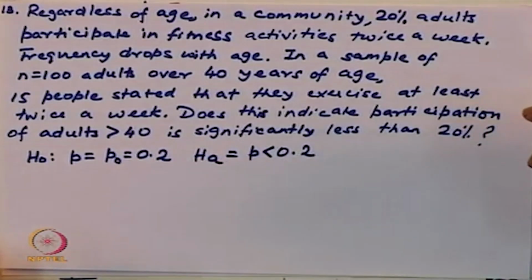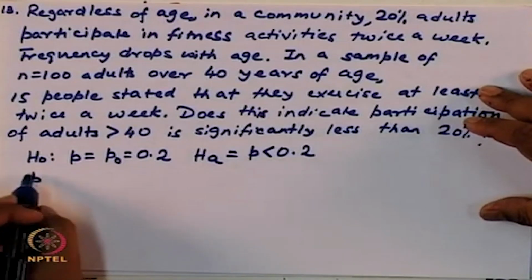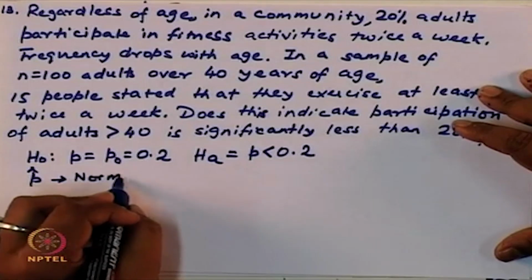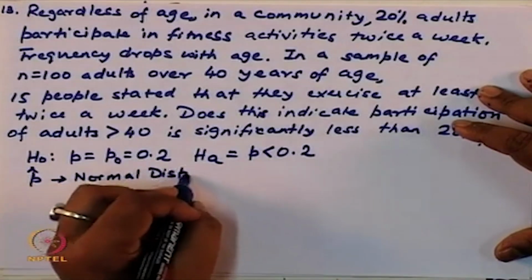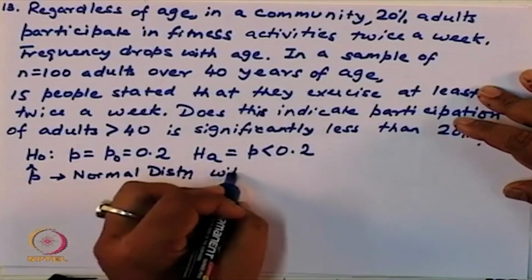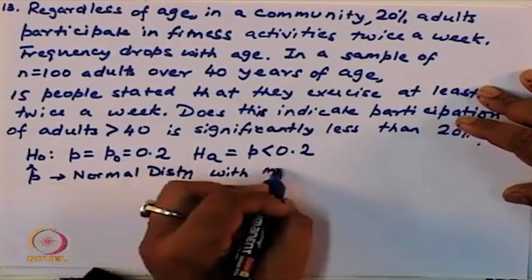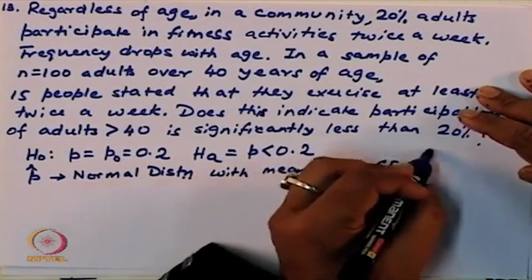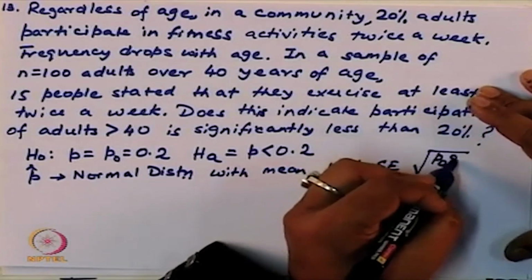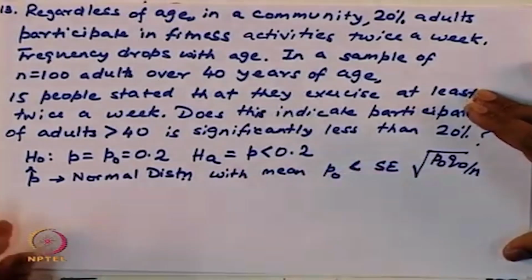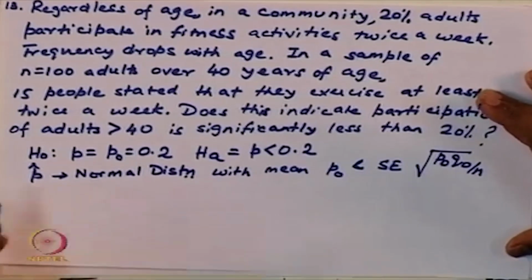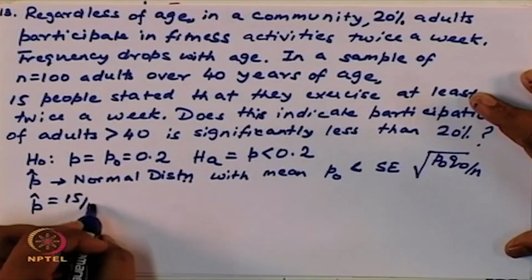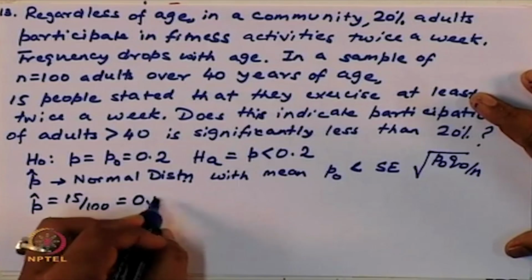Your proportion P hat, we know, follows a normal distribution with mean P naught and standard error root of P naught Q naught by n. In your specific case, P hat is 15 out of 100, which is equal to 0.15.